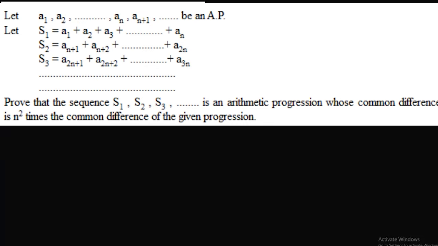Now for this, what we'll do is, we'll write this general series Sk, and we need to find the first term of the series. Now if it is S1, the last term is an, for S2 it is a2n, for S3 it is a3n. So for S(k minus 1), its last term will be a(k minus 1)n.